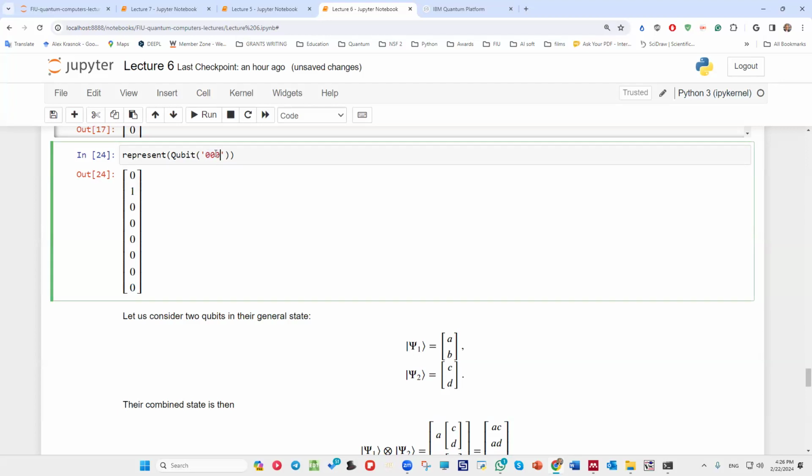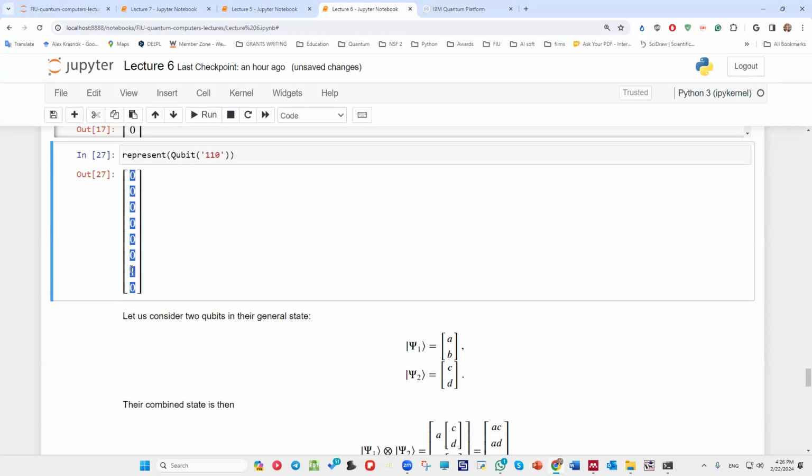Another interesting point to notice here is that all these basis states are represented by vectors with all zeros except for one unit.